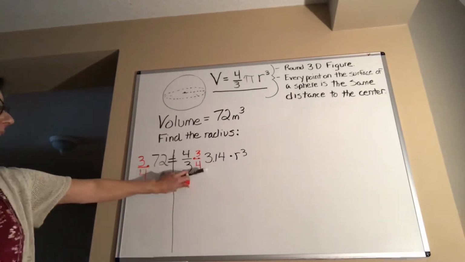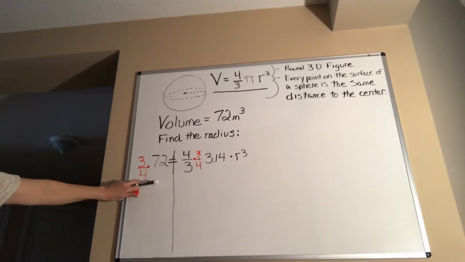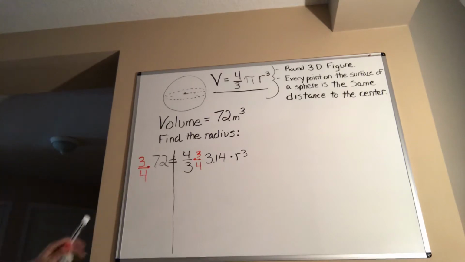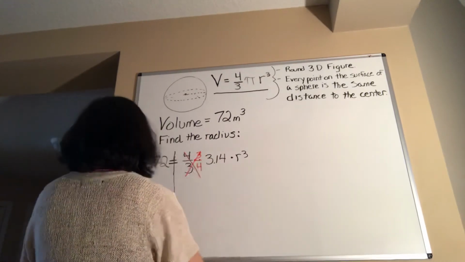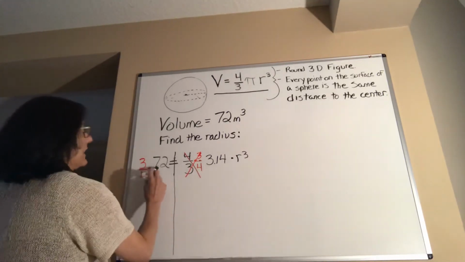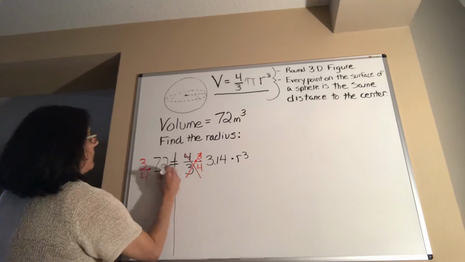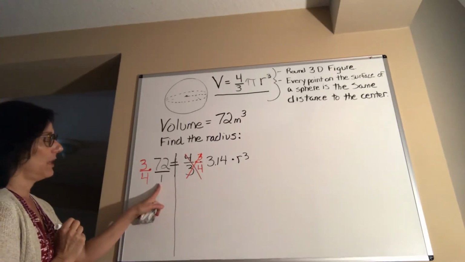So you're multiplying this by 3/4 and this by 3/4. Okay? These are going to cancel. And you're going to multiply this. Always put this big number over a 1.